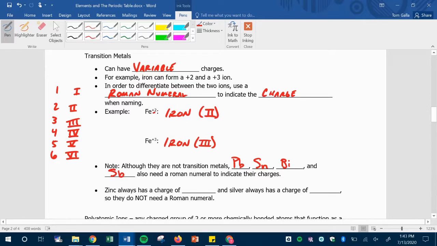And so anytime we're naming with these, we should also use a Roman numeral to indicate their charge.